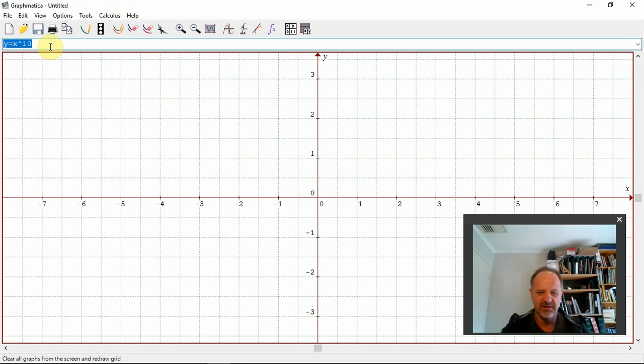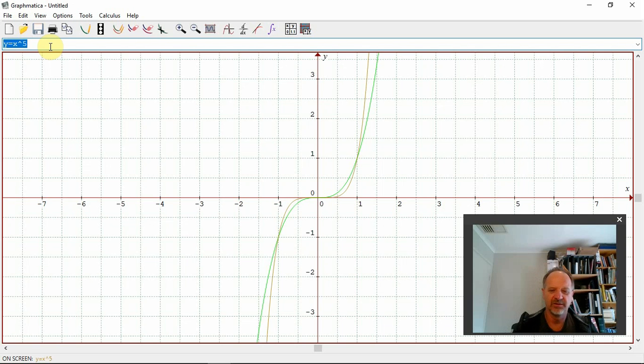Let's go y equals x to the power of 3. We know what that looks like. Y equals x to the power of 5. What do you think might happen here? Y equals x to the power of 9.